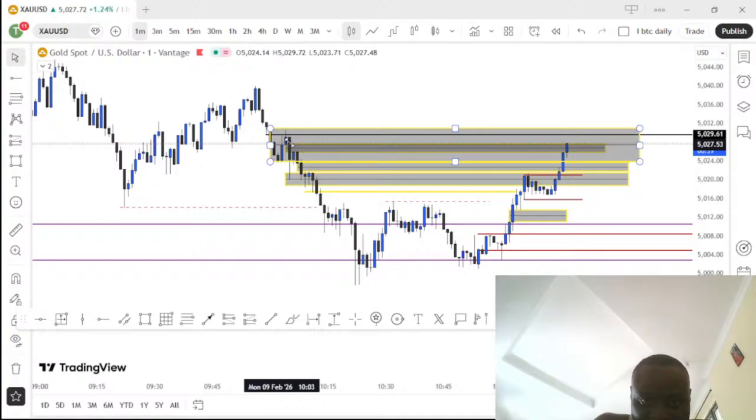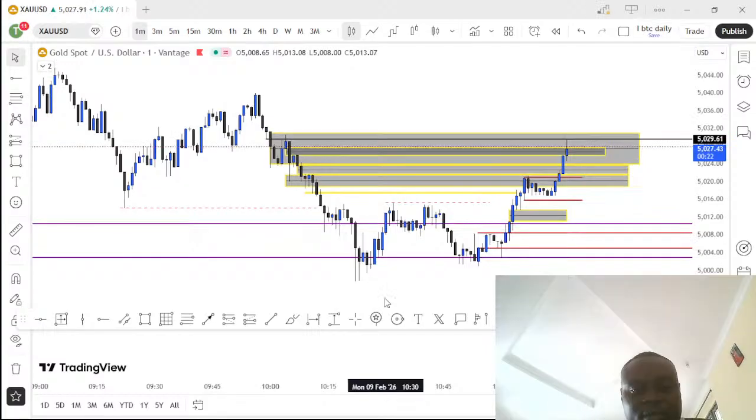Okay, I'm gonna put my sells down there. Okay, so we focus on 1 to 2, guys. We just focus on 1 to 2. I told you that's the price, so my stop loss will be just okay.